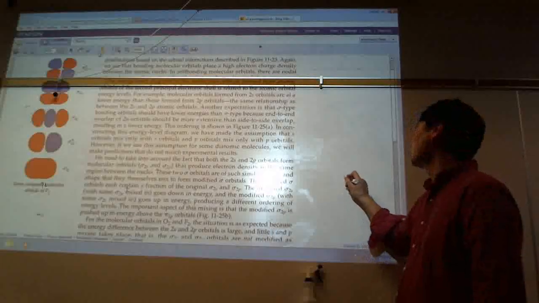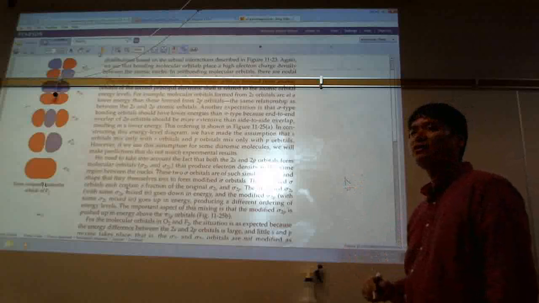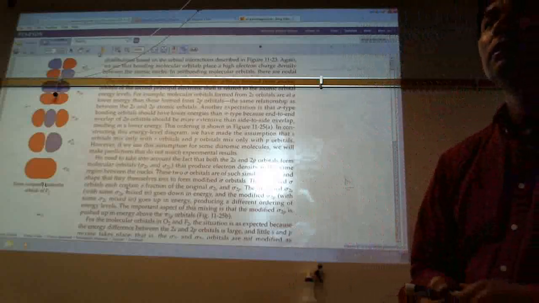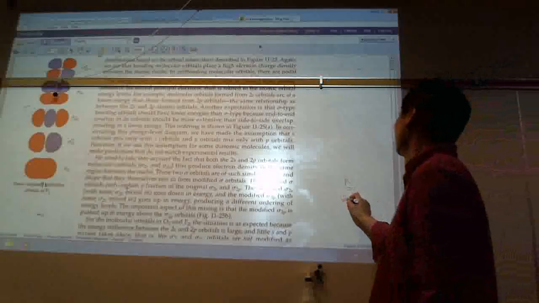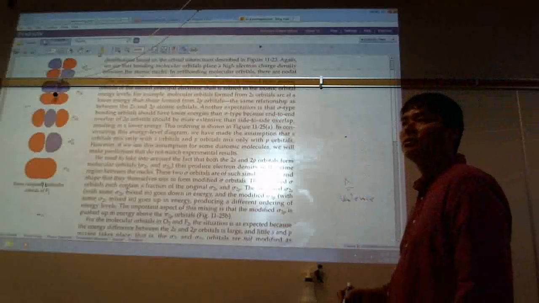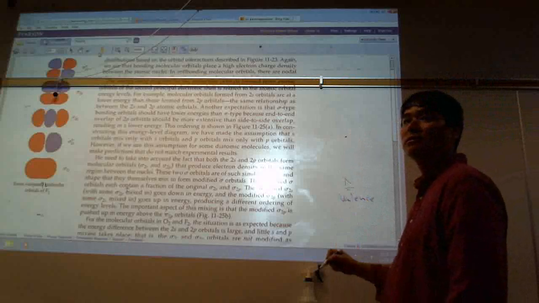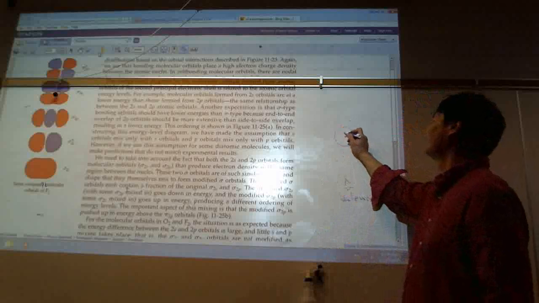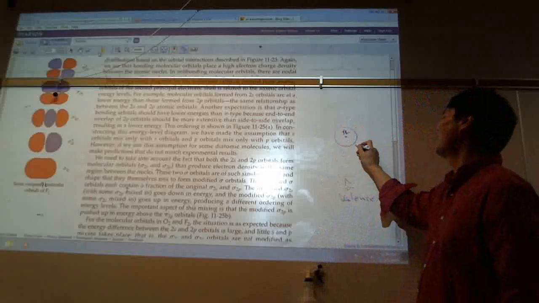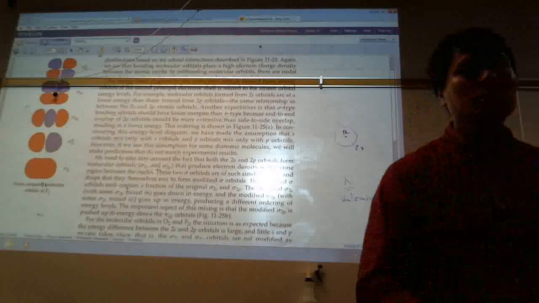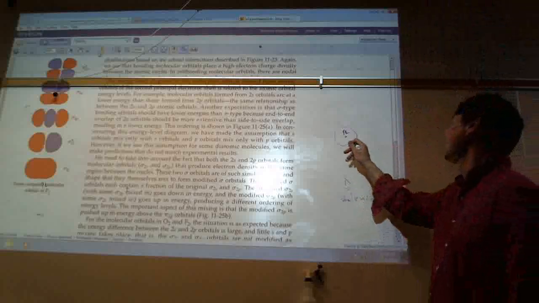Let's say I had a nitrogen atom here. If I have a nitrogen atom, then what's the first orbital? Let's just do the valence orbitals. What's the first valence orbital on nitrogen? 2s. How many electrons do we have in there? 2. Is that hard? No. Okay, what's next? 2p. How many electrons do we have in the 2p?